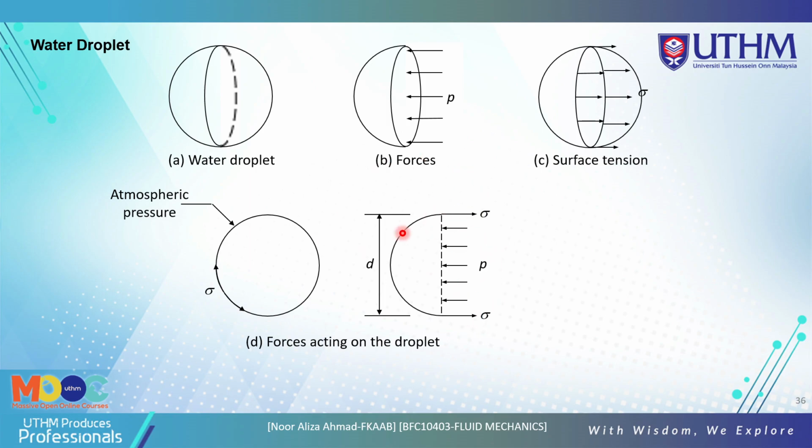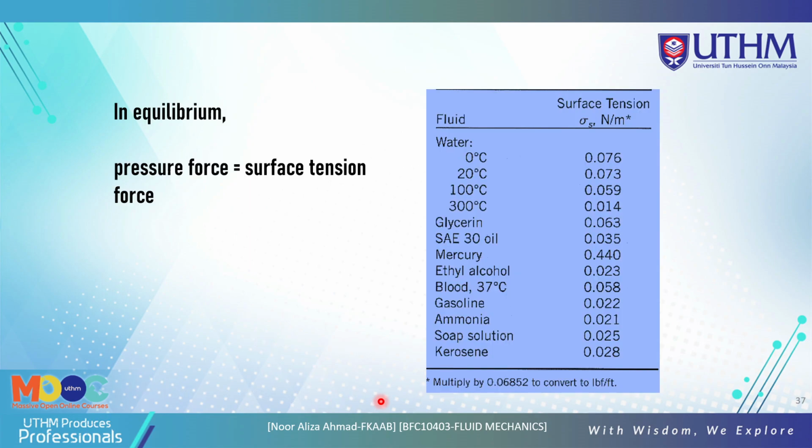The total pressure force and the total tension force are based on pressure force and surface tension. In equilibrium, the pressure force, which is pressure times pi over 4 d squared, the area, is equal to surface tension times pi times d. So the pressure force is equal to surface tension.